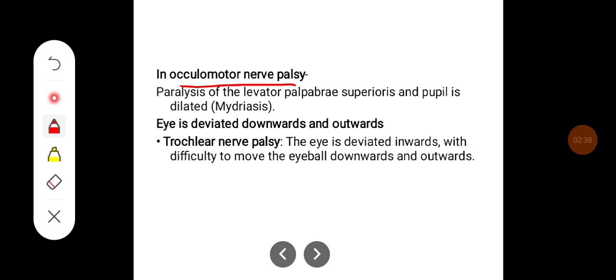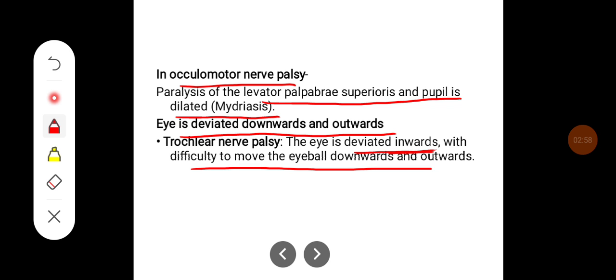In oculomotor nerve palsy, there is paralysis of the levator palpebrae superioris and the pupil is dilated, which leads to mydriasis. And the eye is deviated downwards and outwards. In trochlear nerve palsy, the eye is deviated inwards with difficulty to move the eyeball downwards and outwards.